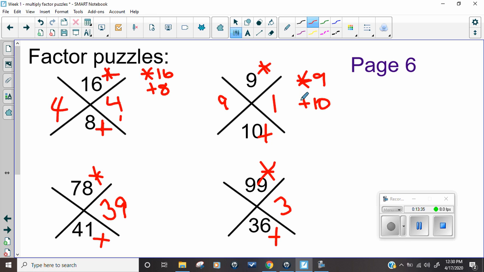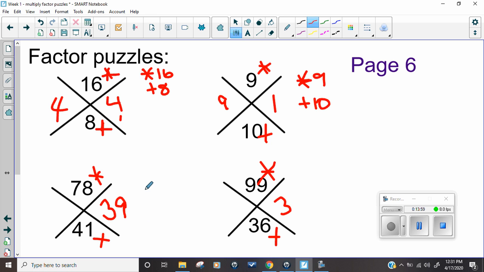Now I'm telling you from experience, many people get stumped, but remember, we always have 1 and the number, and if you can't think of anything, go through the factors. 9 is prime, so it's actually just 1 and 9. But here, 16, I could have had 2 and 8, but those don't add to 8. I could have had 16 and 1, those don't add to 8. So think of the different factors of that top number and which ones add to the bottom number.